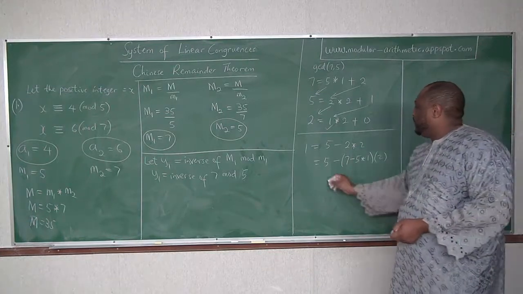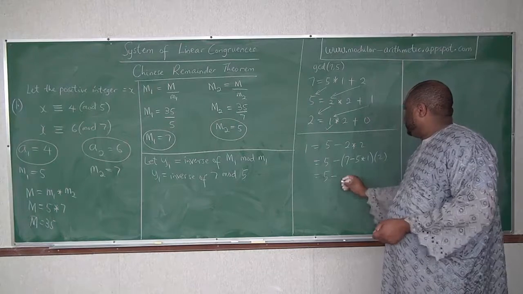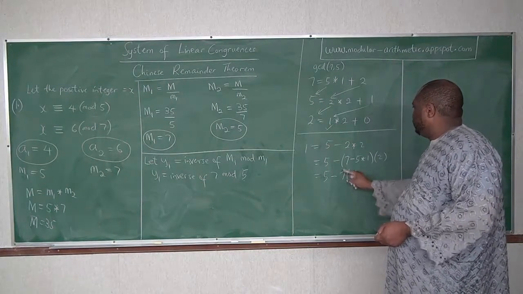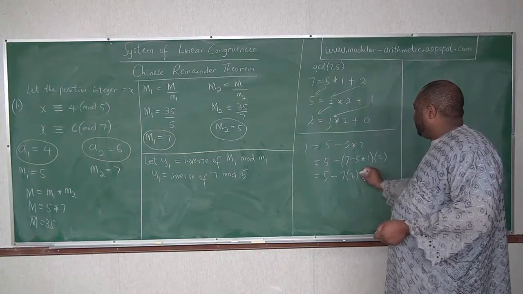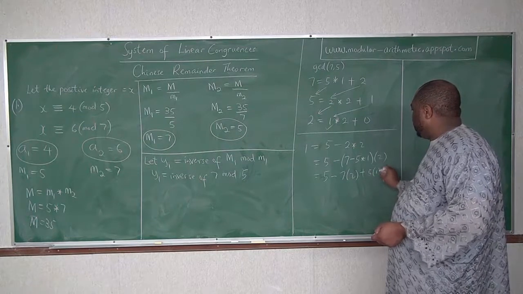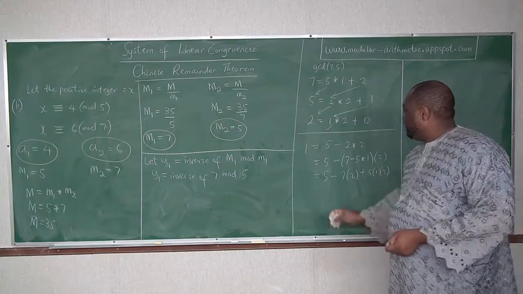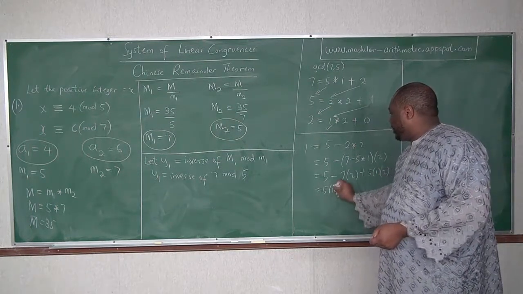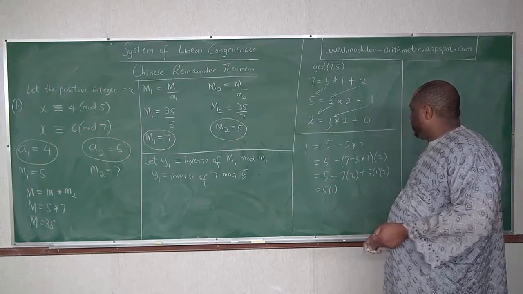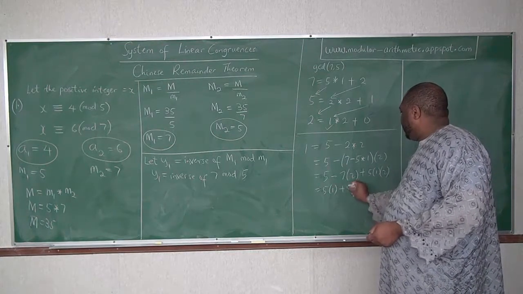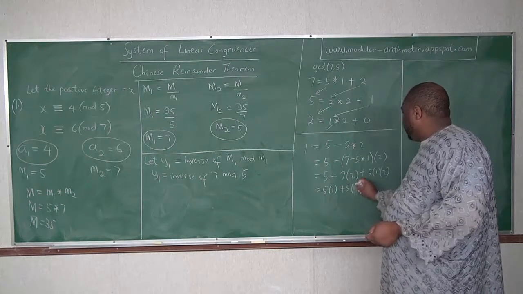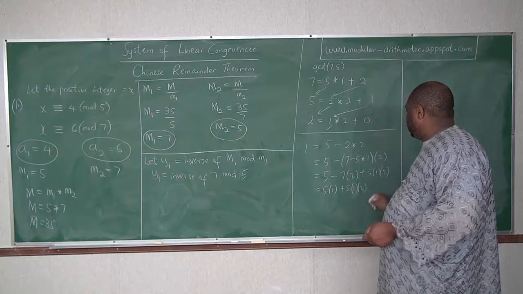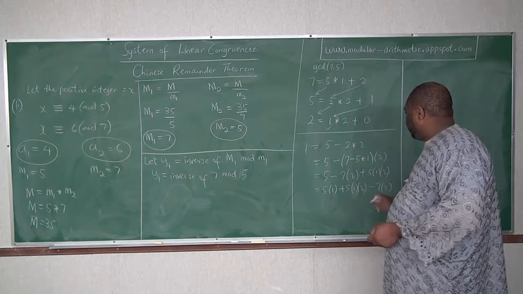So this is 5 minus 7 times 2, minus times minus is plus, 5 times 1 times 2. So this is 5 times 1 plus 5 times 1 times 2 minus 7 times 2.